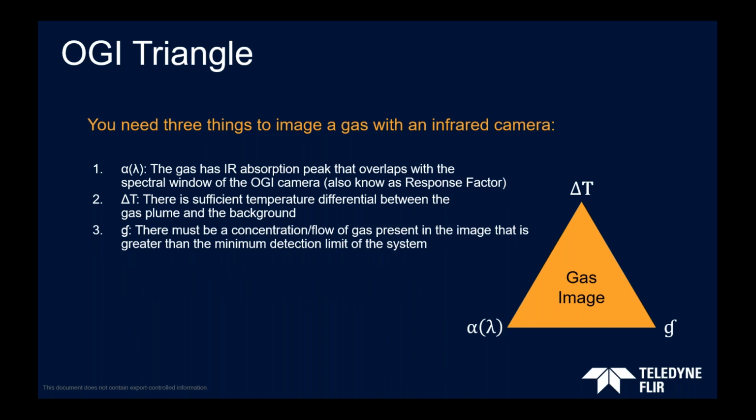And then the third one is that there must be a concentration or flow of gas present in the image that is greater than the minimum detection limit of the system. And actually the concentration and the flow of the gas and the direction of the flow of gas is very important as well.